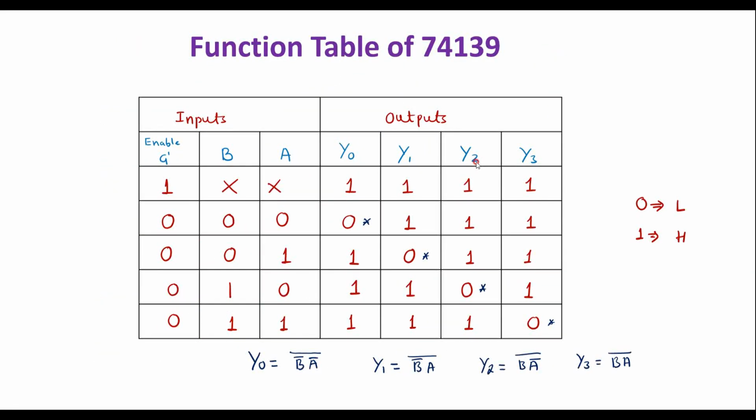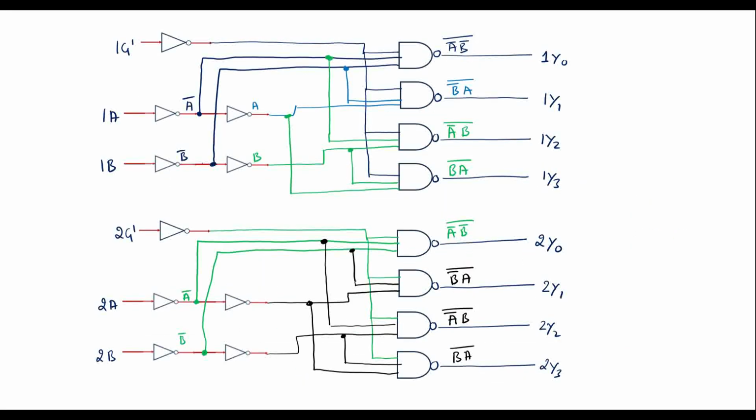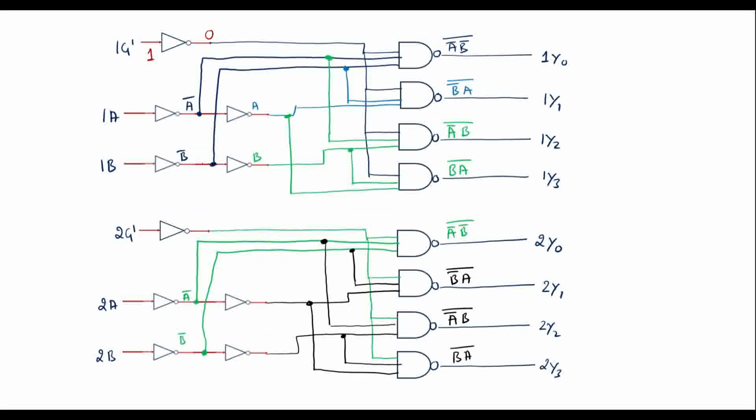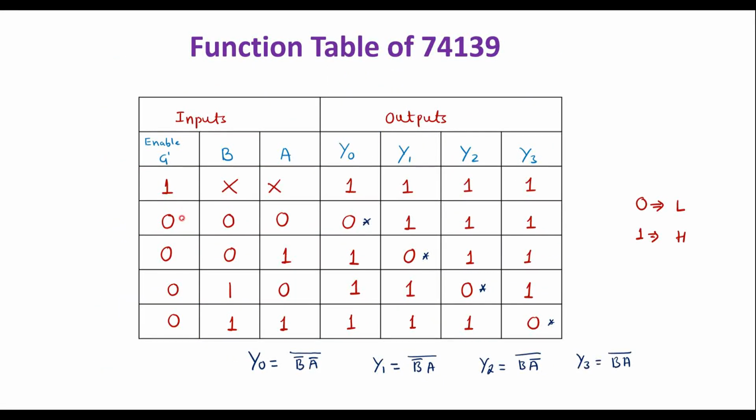According to this function table, if enable pin is 1, then output of this is 0. So this 0 is applied to all the NAND gates. As we know, if any one of the inputs of the NAND gate is 0, definitely the output will be 1. So all the outputs will be 1, irrespective of input values. Therefore, this gate should always be 0. That is active low input we are supposed to use.